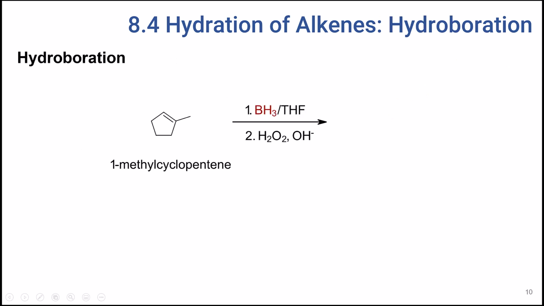In a hydroboration reaction, this is addition of water again. We also get an alcohol here, but this is an anti-Markovnikov reaction, and we still have no rearrangements here. And in the case of an anti-Markovnikov reaction, our alcohol is actually going to go to the less substituted side.